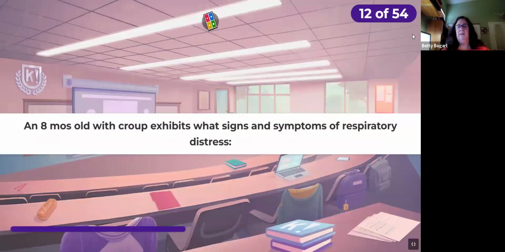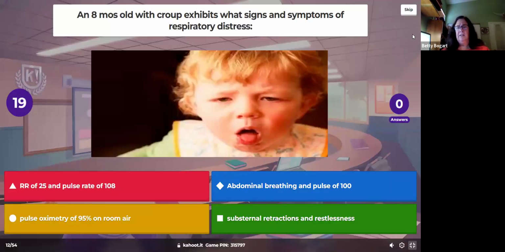An 8-month-old with croup exhibits what signs and symptoms of respiratory distress? Now, this doesn't matter, croup or whatever. What do you see in an 8-month-old with respiratory distress?